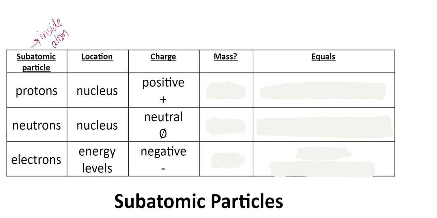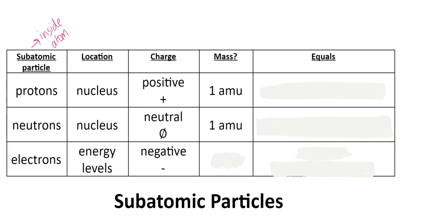Okay. Now we also want to think about their mass. Even though these things are super tiny, they do have some mass to them. But the problem is because they're so tiny, we cannot use like grams or pounds. They're so little. So instead we have this made up unit called atomic mass units.